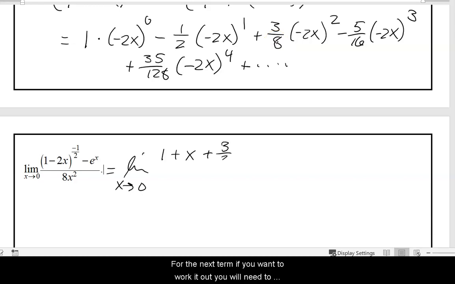For the next term, if you want to work it out, you will need to cube the negative 2x, which will give us a negative 8x cubed. But the negative 8 and the negative 5/16, the negatives will cancel, and the 8 over 16 gives me a 1/2. So I end up with 5/2 x cubed. For the next term, negative 2x quantity raised to the fourth power would give me a 16x to the fourth, so it's also positive.